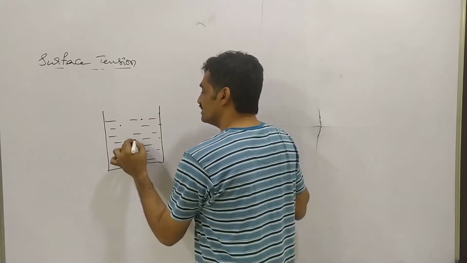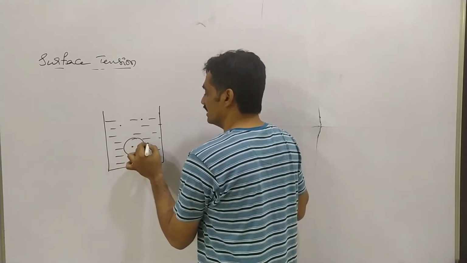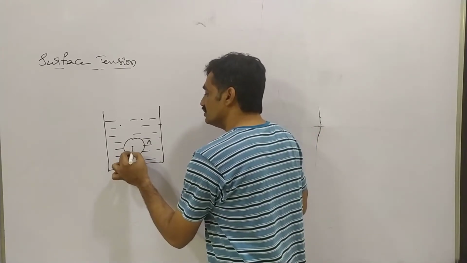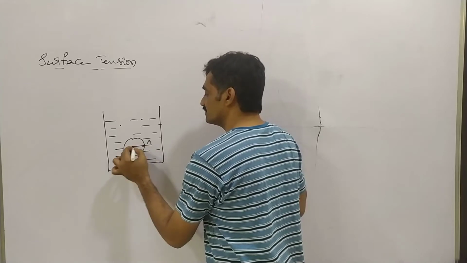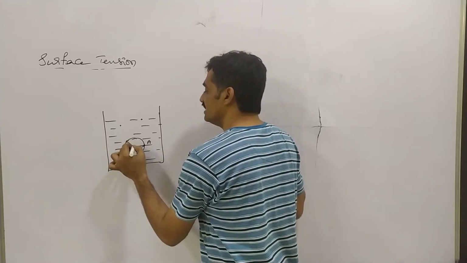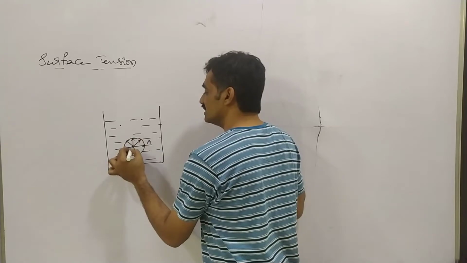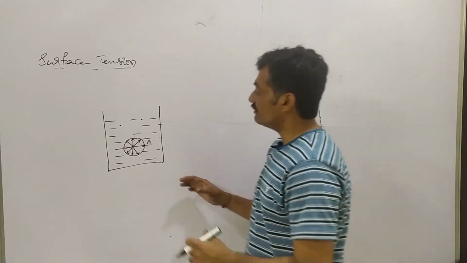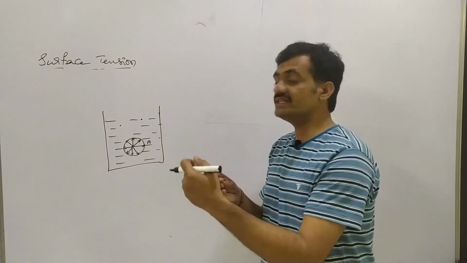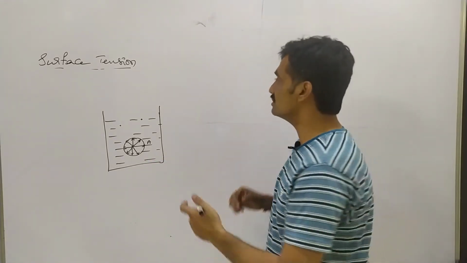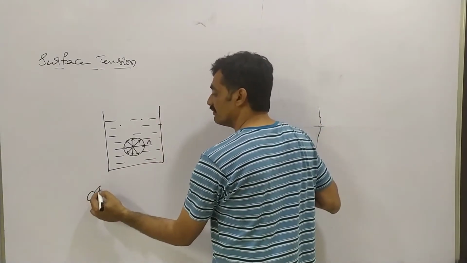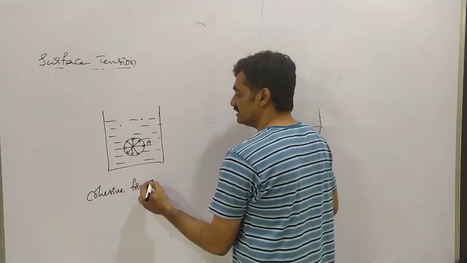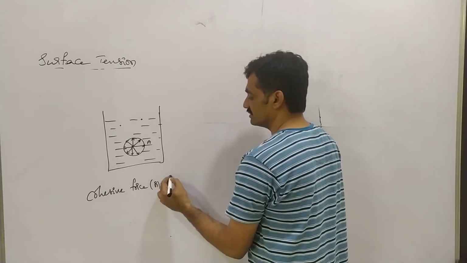Observe this molecule, let us consider it as A. Due to cohesive force, it experiences a balanced force in all directions. What is meant by cohesive force? The force of attraction between the same type of molecules is known as cohesive force, or cohesion.